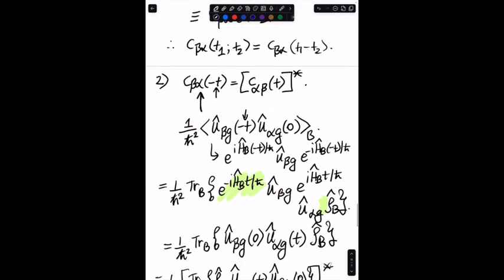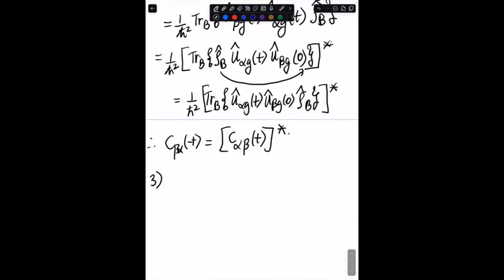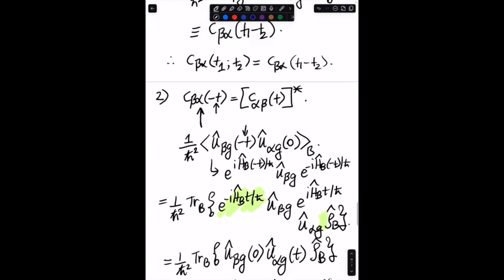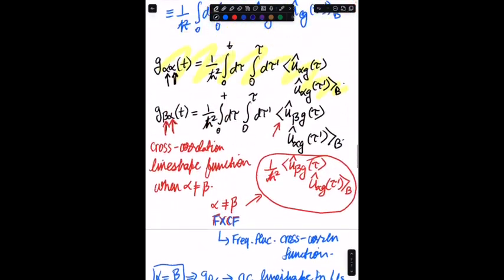So now let's come to proof number 3, which is the proof which we wanted to do early on.